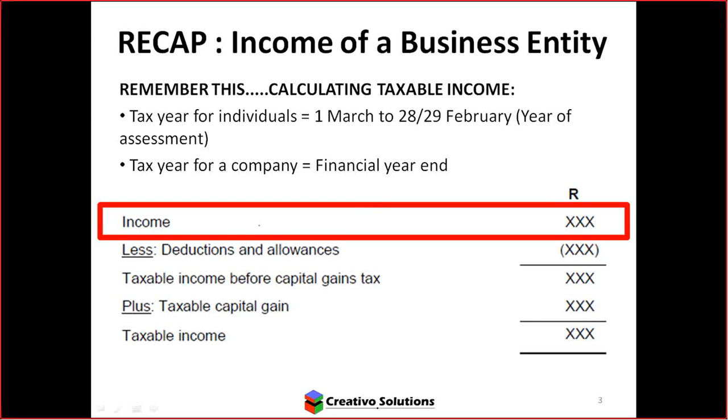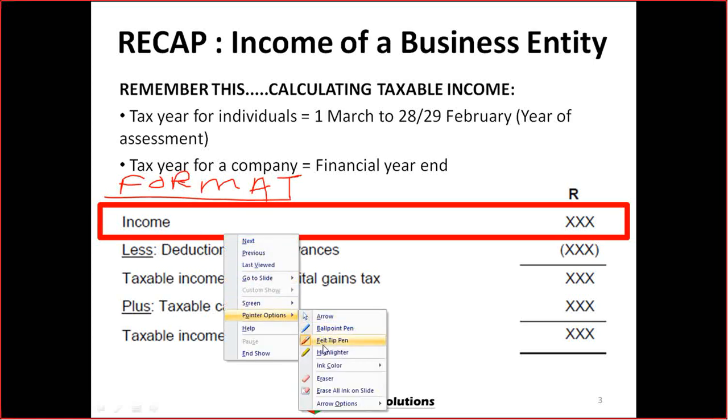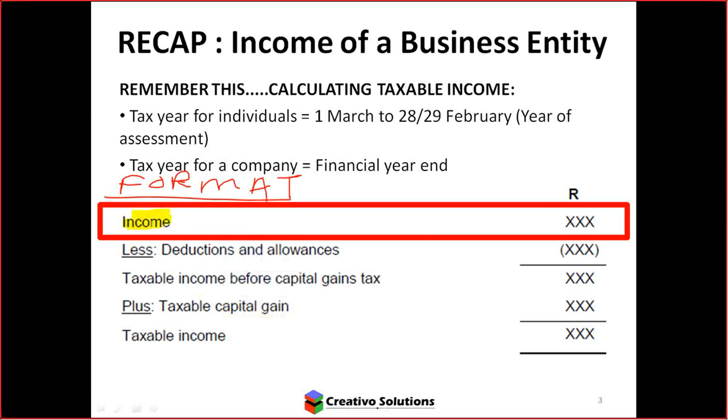Don't forget the general formats. What I've put here is important in terms of approach. If you're going to be working out the tax liability of a company, you're going to have to split the calculation into different sections. The section that we're looking at tonight is focusing on the income.